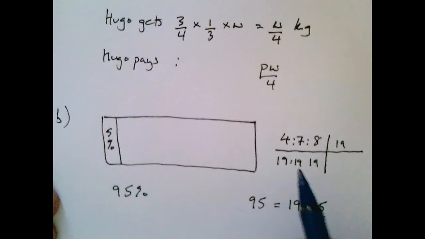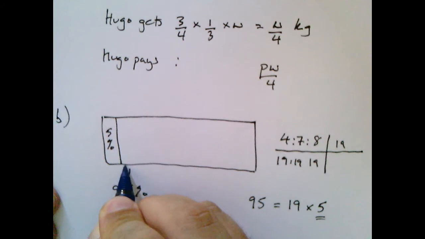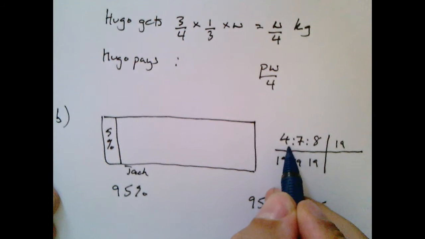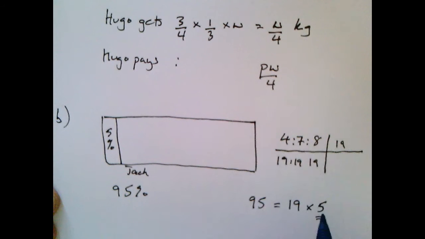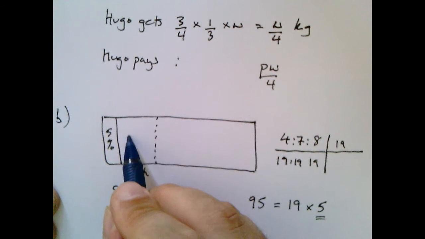Okay, so in the percentages, if it's 4 to 7 to 8, we can multiply each of these. So we've got Jack, instead of getting 4, gets 4 times 5, he gets 20%.